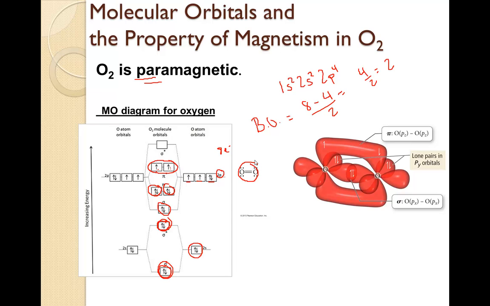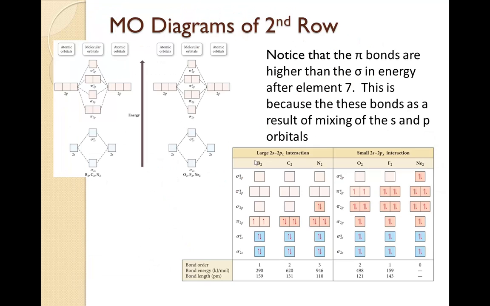Now there is one thing that we want to note. Let's take a look at the second row from left to right. So boron, carbon, nitrogen, and then oxygen, fluorine, and neon are all in the same row. They're all in the second energy row. Look here at the order in which things are made.